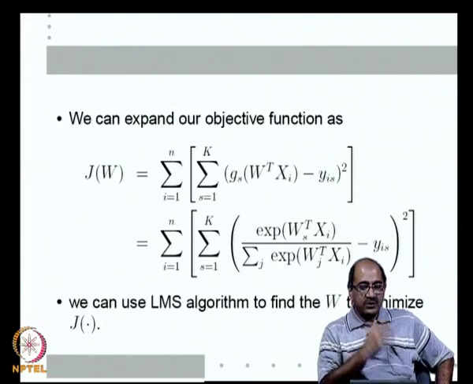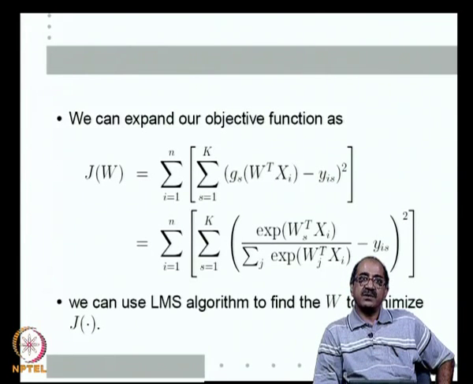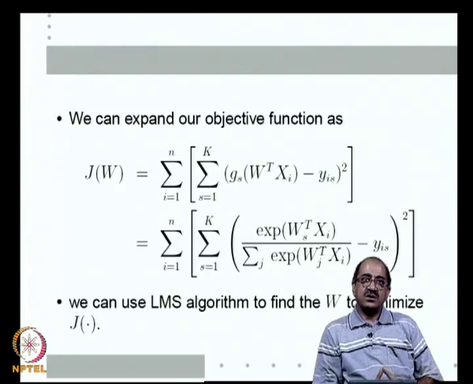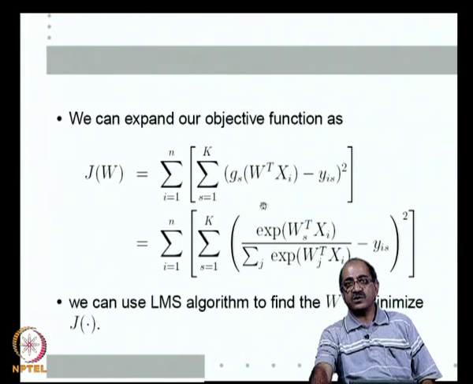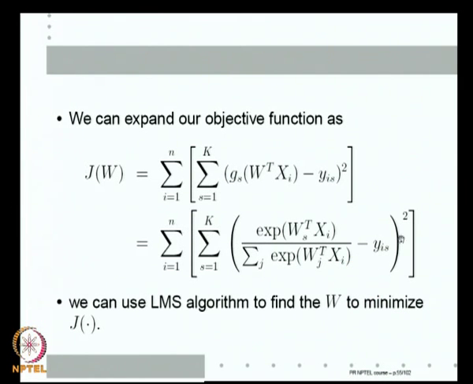So, for example, we can use the LMS algorithm to find W that minimizes J. LMS algorithm, as you know, is nothing but a gradient descent on this J. So, I need to find derivatives with respect to the components of W. For example, I can find gradients with respect to each of the W_s and then move in the direction of the decreasing gradients. Okay. So, in principle, this is the multi-class logistic regression algorithm. Okay.